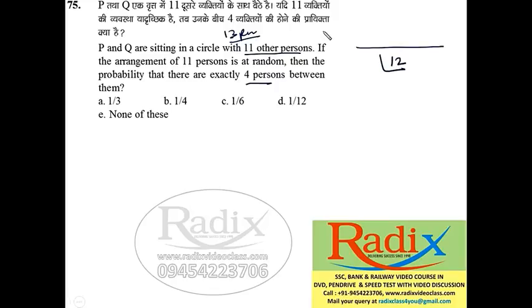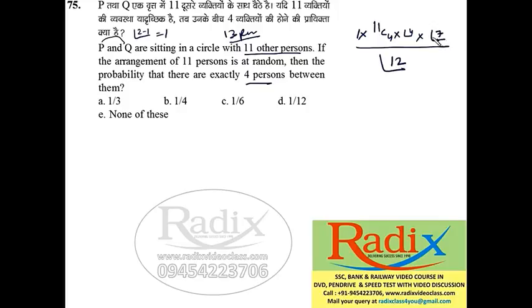Now the second point is this, we have to arrange first of all P and Q at the circular table. So it can be done in factorial 2 minus 1, or 1 way. This is the arrangement of P and Q. Now there is an important condition, that we have to select 4 people out of 11, because it is given that exactly 4 persons lie between P and Q. So the next condition would be 11C4, and then we have to arrange them in factorial 4, and then of the remaining persons, out of 11 we have taken 4, so the remaining 7 will be arranged in factorial 7 ways.